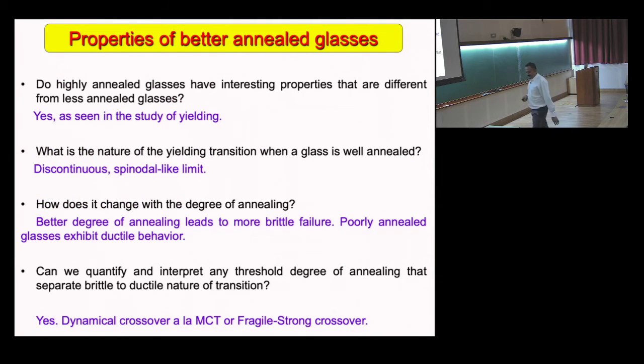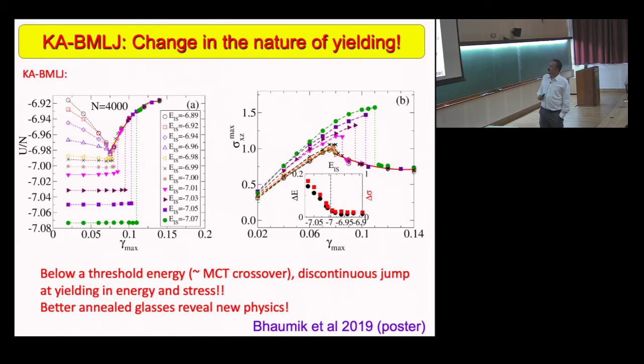Is it going to tell us anything new about the physics of yielding and glasses? And the answer is a rather pleasing yes. Here is the energy versus strain amplitude results.